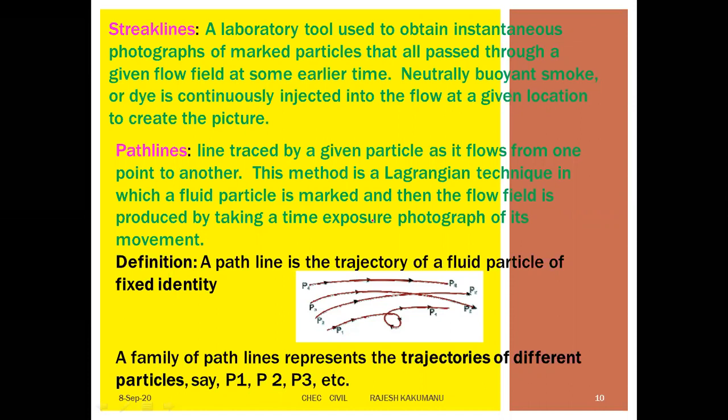Next, path lines. A path line is a line traced by a given particle as it flows from one point to another. For example, if you take an ant and dip it in water and leave it, whenever the ant moves from one place to another, the water marking leaves a line depending upon how far it goes.